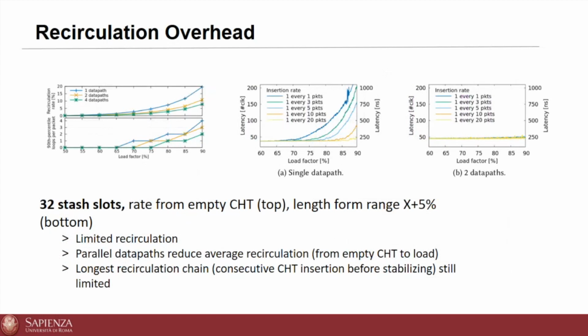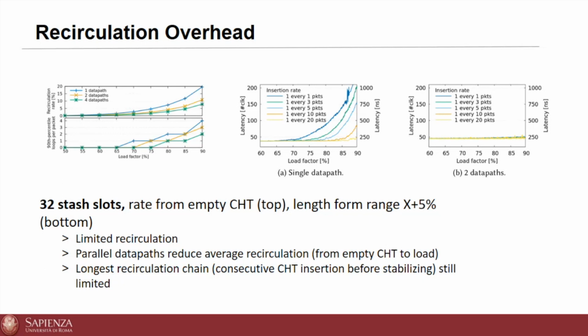For what regards recirculation overhead, we evaluated this overhead in terms of recirculation rate, that is the ratio between recirculation packets and the overall amount of network packets. In fact, recirculation is implemented by crafting artificial packets that are inserted at the beginning of the processing pipeline.